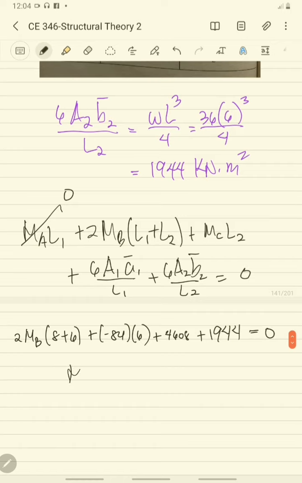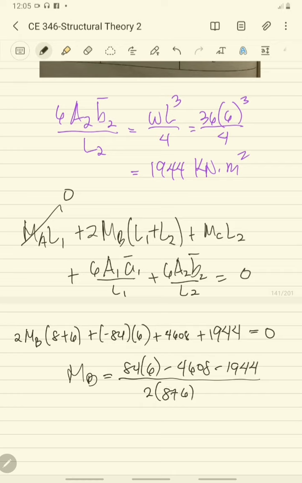So we have now our moment at B. So that is equal to 84 times 6 minus 4608 minus 1944, all divided by 2 times 8 plus 6. So moment at B will be equal to, we have to calculate.